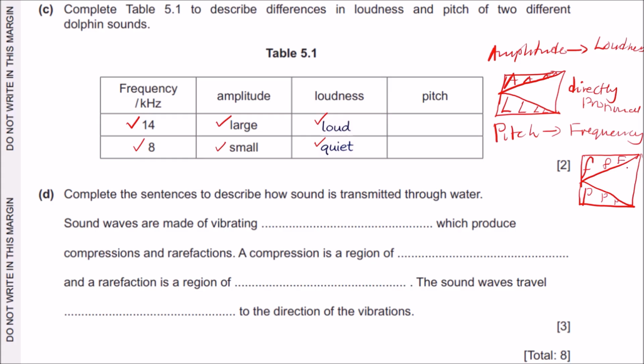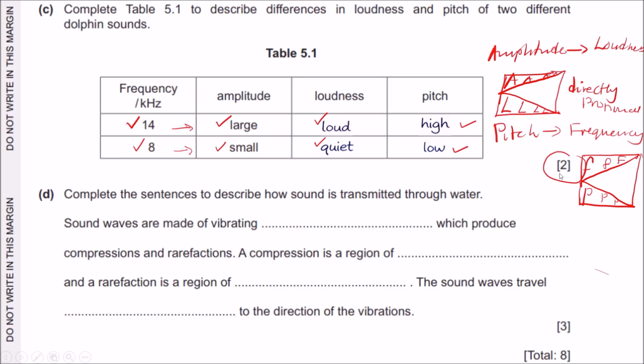So higher frequency indicates higher pitch, lower frequency indicates lower pitch. So we complete that part. For higher frequency, it will give us a higher pitch. For lower frequency, it will give us a lower pitch. With this, we harvest these 2 marks.